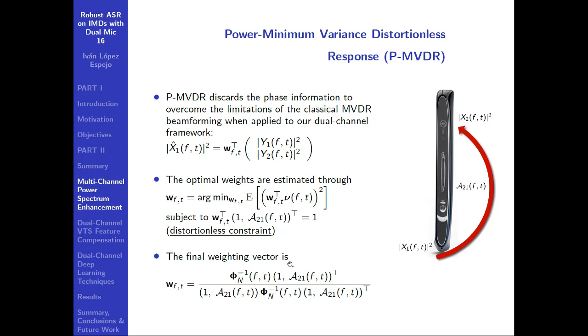The final weighting vector has the same form as that from MVDR beamforming, where Phi sub N is a noise spatial covariance matrix, and this vector plays a similar role to a steering vector referred to the primary channel.